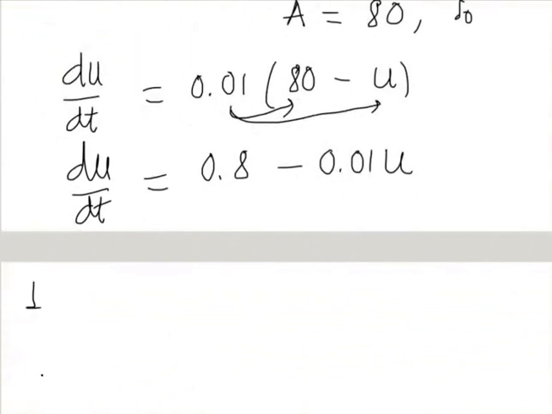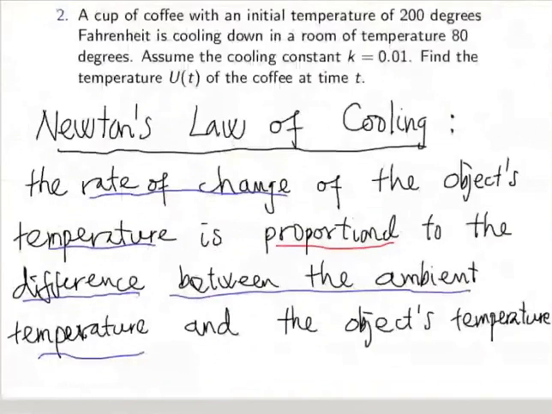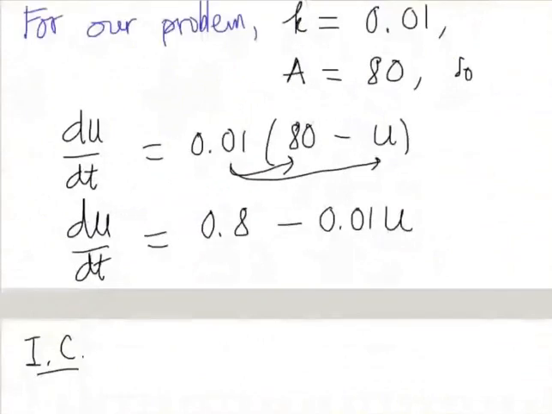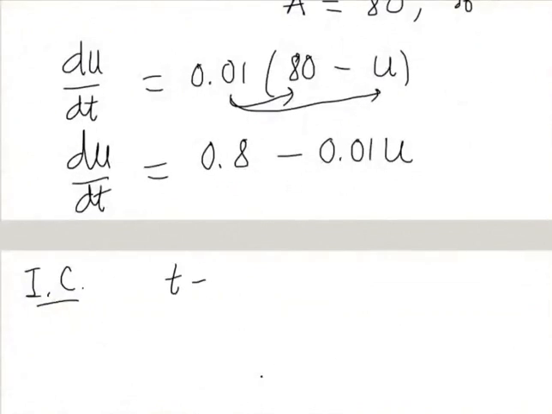There is an initial condition as well. The initial temperature of the coffee is 200 degrees, meaning that when t equals 0, u equals 200. We have our ODE right here and the initial condition.